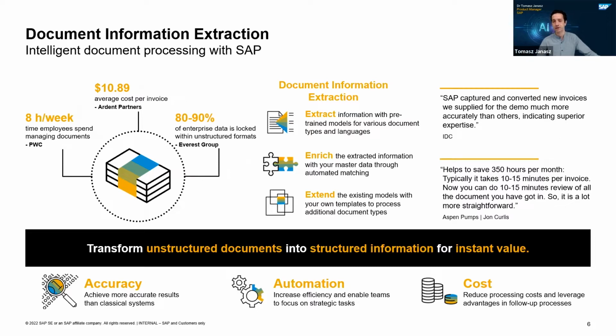And finally, the third aspect of our understanding is that we want to provide also extension possibilities, so that you are able also to process document types that are maybe not in the standard of our SAP document information extraction, such as supplier invoices or purchase orders, but maybe they are within a business process which is not a standard one. So this is the overall understanding of what document information extraction means.